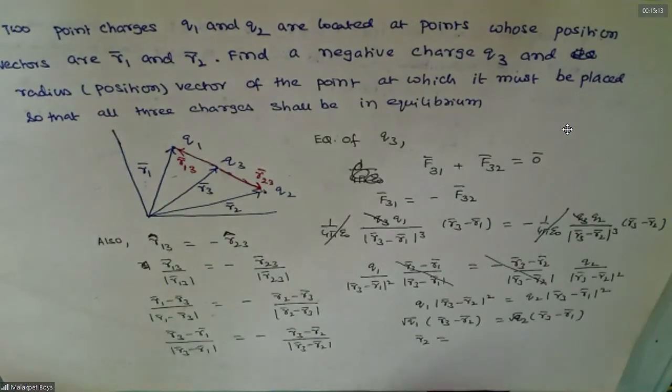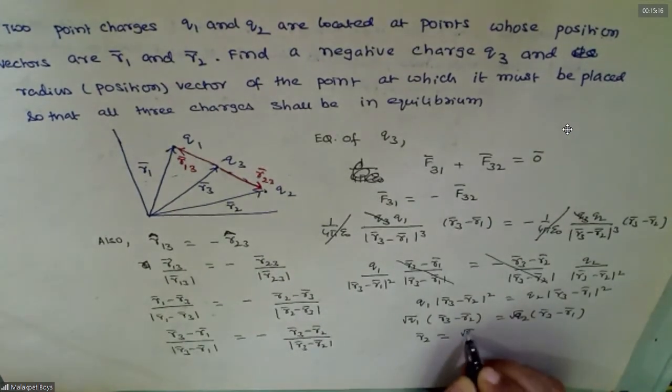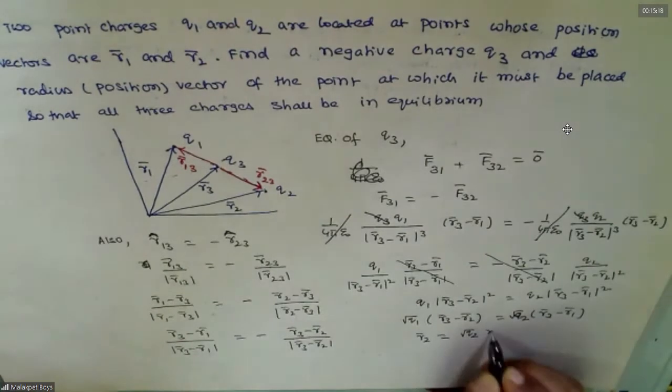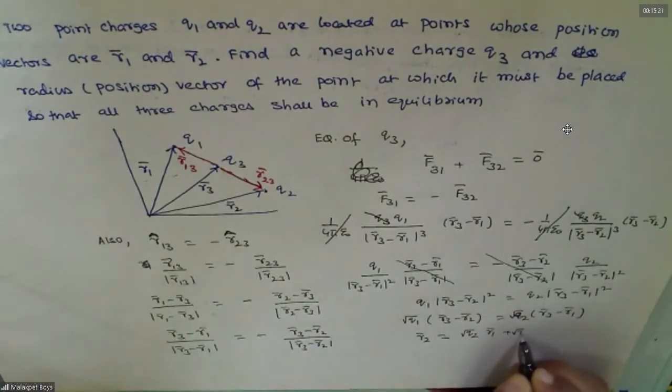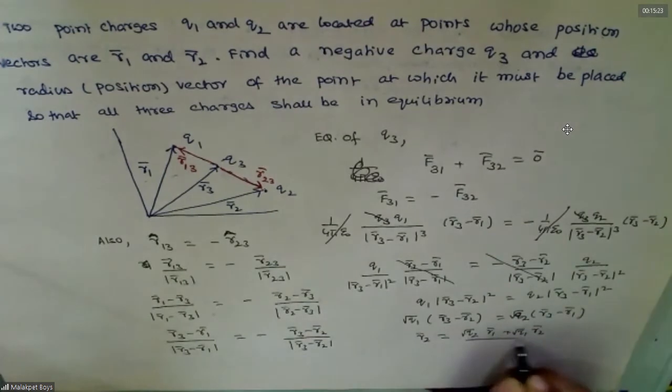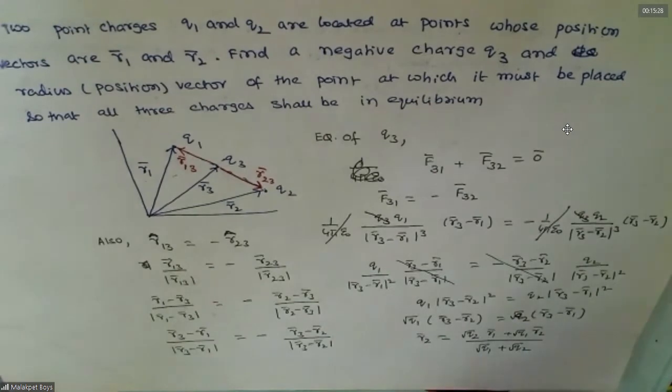How much did you get? Sir, doing, sir. One minute. Root over Q2 R1 bar plus root over Q2 R3 bar minus root over Q1 R3 bar by. This one you should get, see. Got this? Sir, doing, sir. One minute, sir.